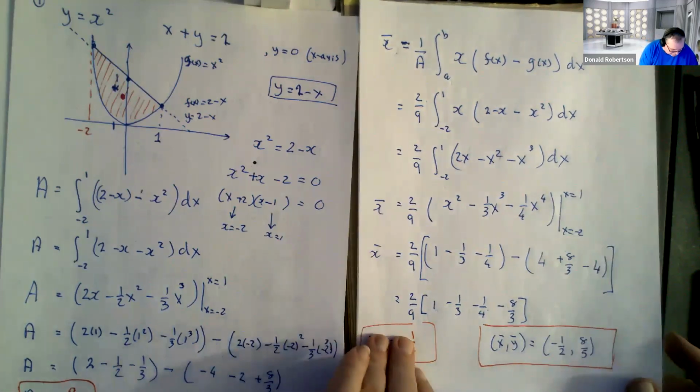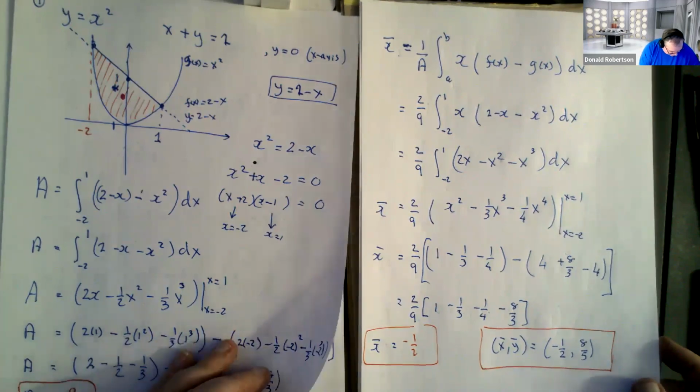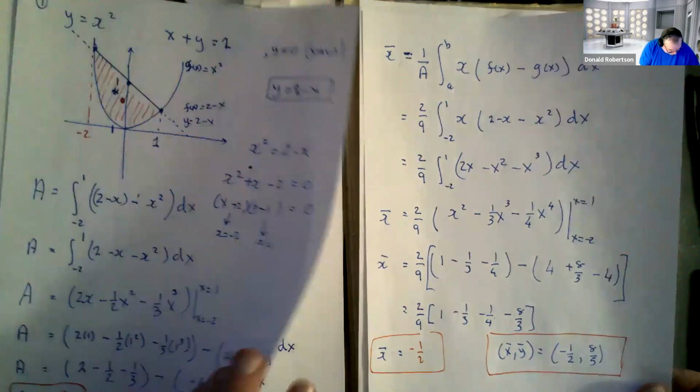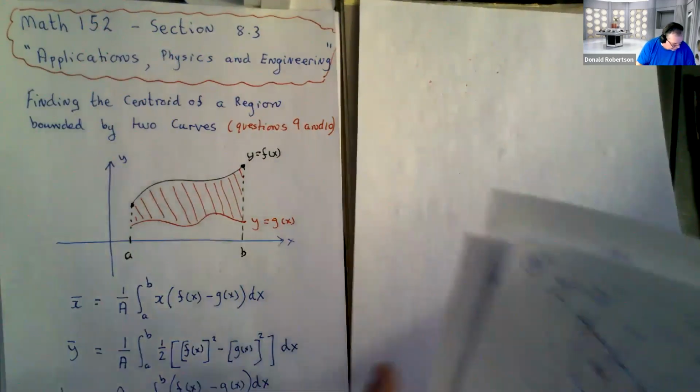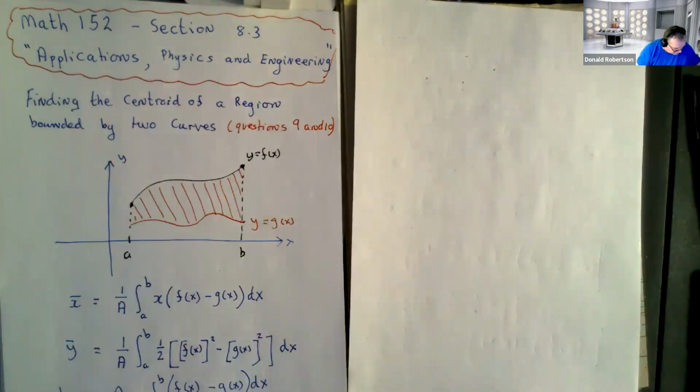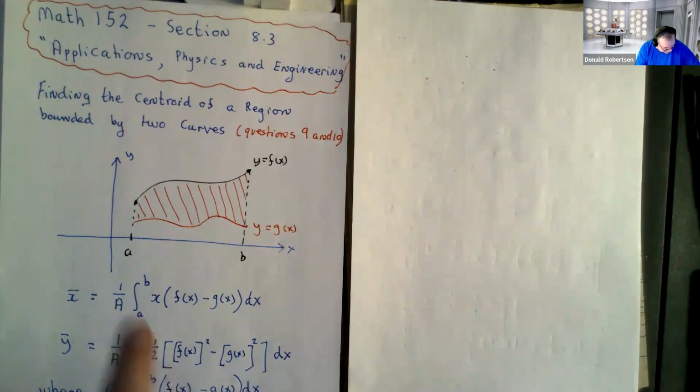And that basically is the entire process that you're going to be doing to calculate the area, the centroid or centre of mass of a region bounded by two curves. And as I say, there's two questions. Question 9 is very similar to the one I've done.